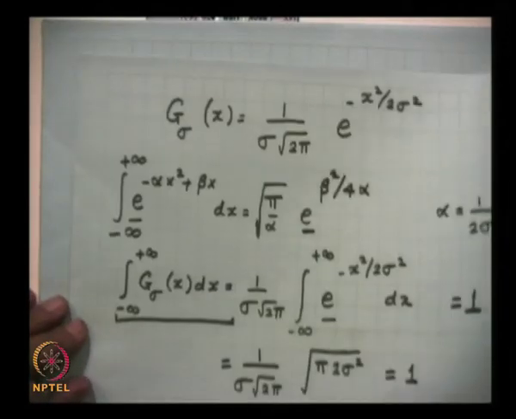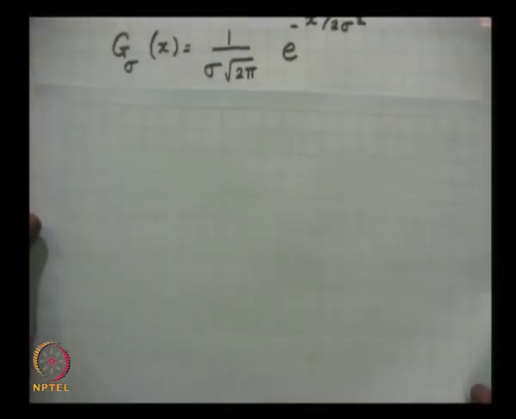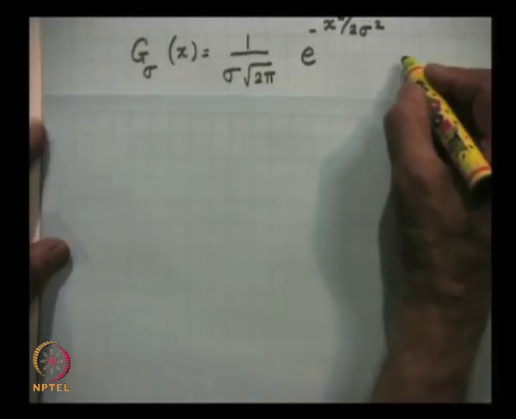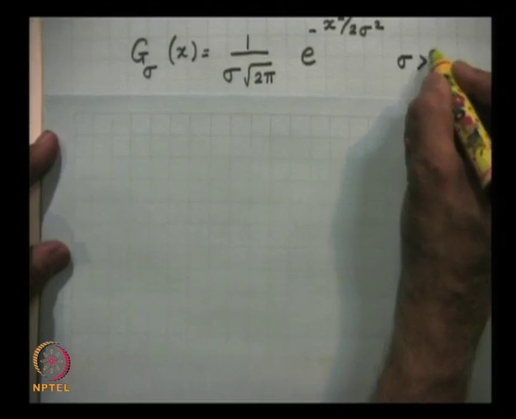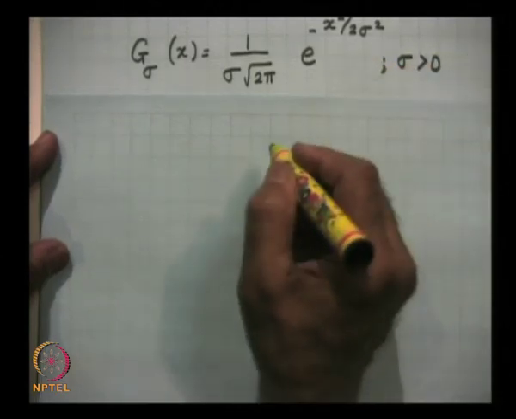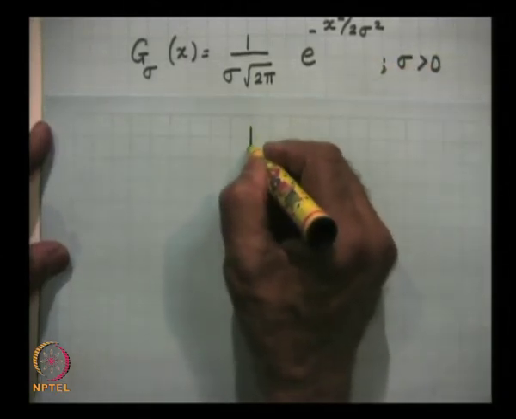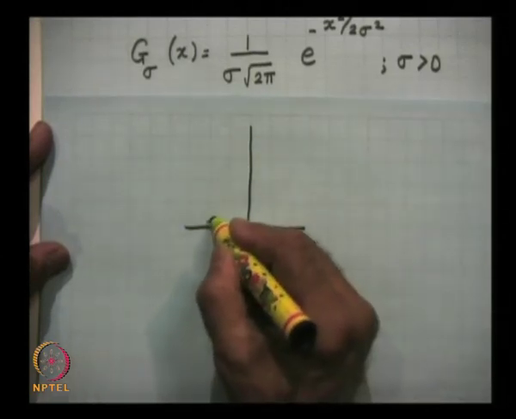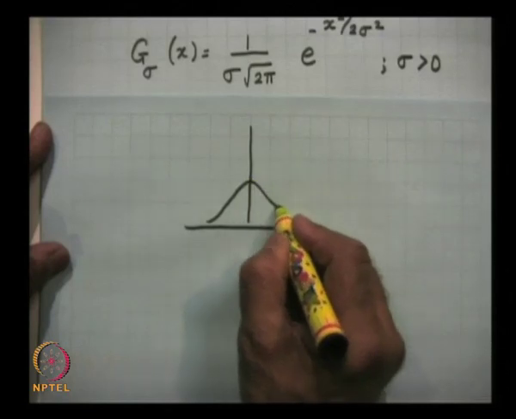So, let me plot this function, this g sigma of x that I have written down, and of course, sigma is greater than 0. If you plot this, you will find that if I take sigma equal to 1, then it will have a width something like this.